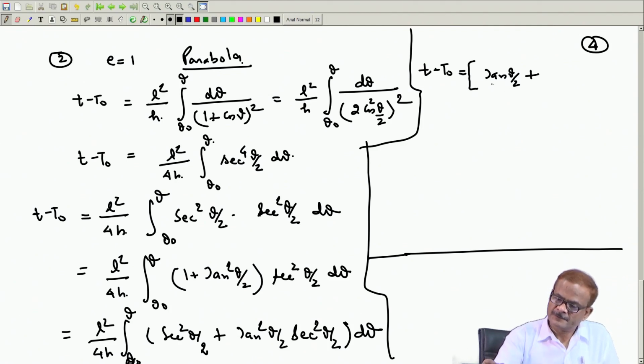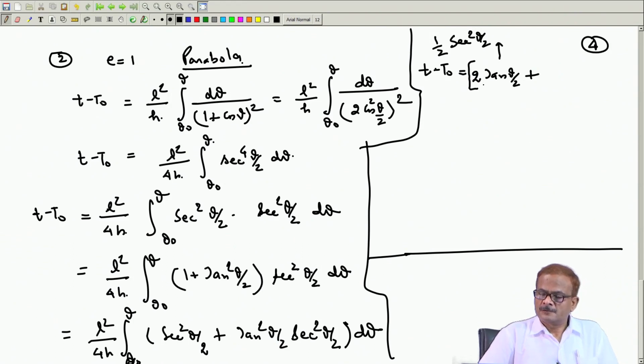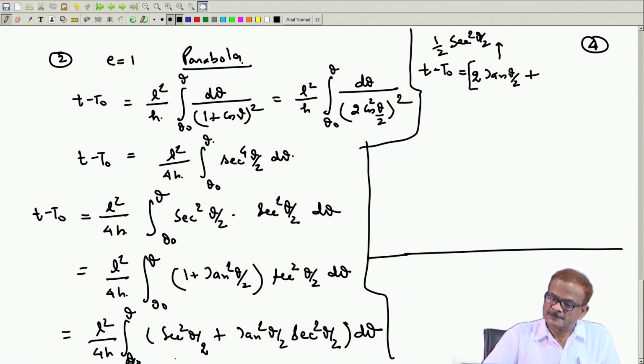Okay. If we differentiate this, the differentiation will be sec square theta by 2 times 1 by 2. So, we have to put here a 2 to get to this sec square theta by 2 value. As we differentiate this, 1 by 2 will appear, and this will be cancelled by this 2, and therefore we get this quantity.